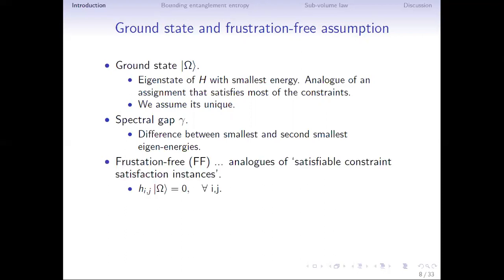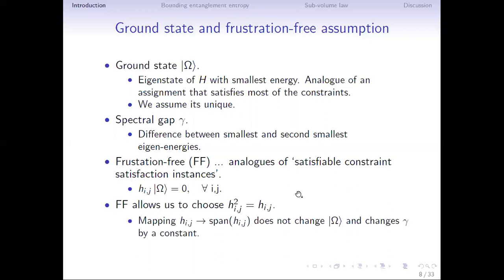We'll consider the case of frustration-free systems, which are the analogs of satisfiable constraint satisfaction instances. Mathematically, it says that each local interaction H views the ground state as its zero energy state. It turns out, and this is a technical point, that frustration-freeness allows us to choose each interaction as a projector.